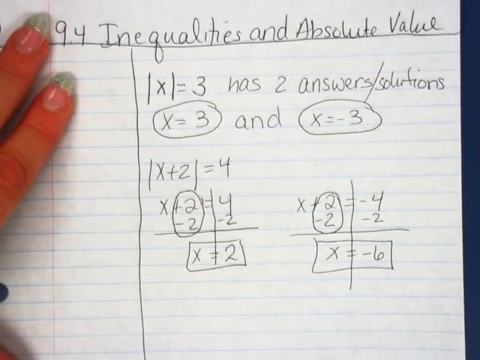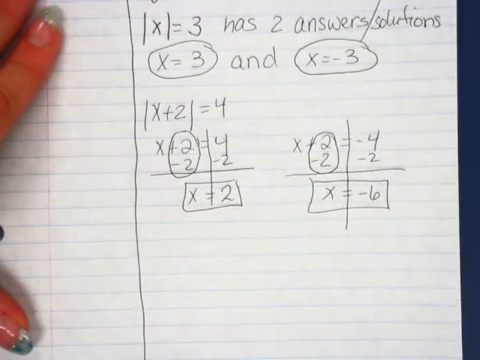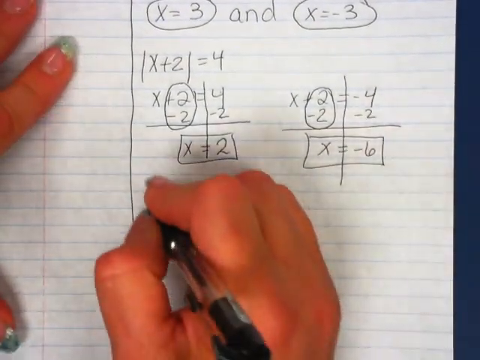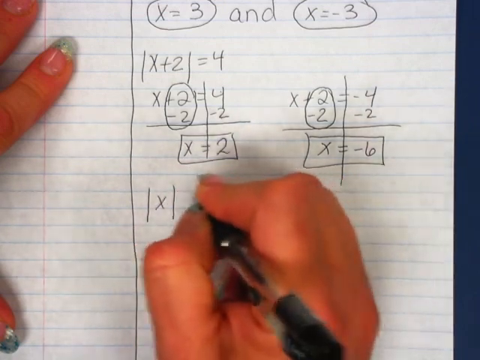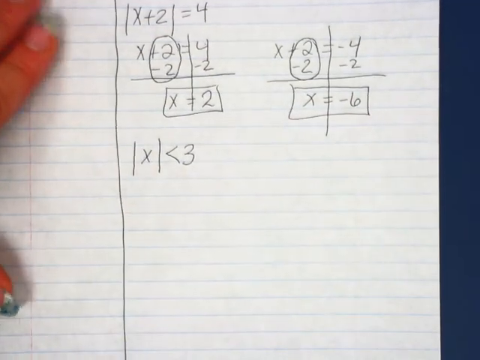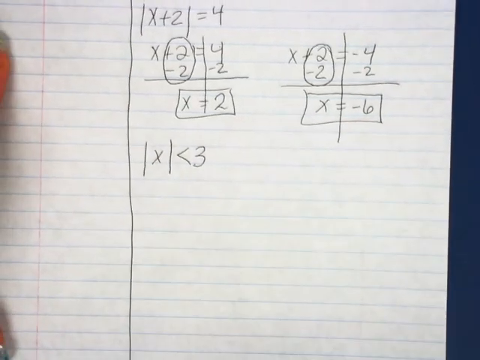Now I want to look at an inequality. If we're looking at the absolute value of x being less than 3, it's going to be very similar to the problems in the last section.